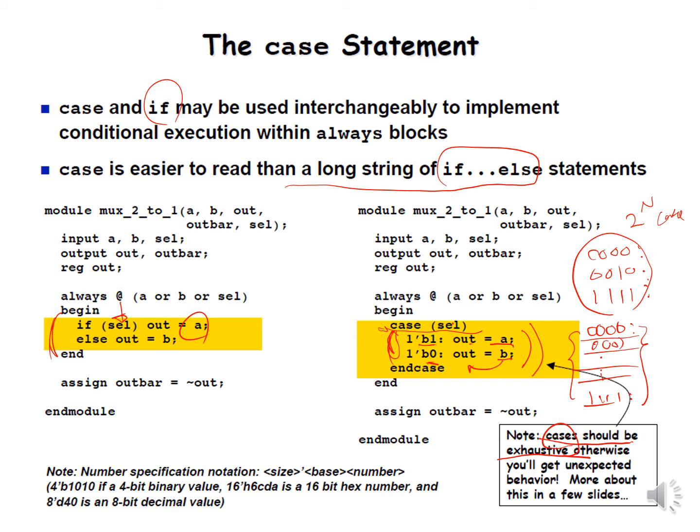Then it will give us more trouble. You have to specify all the cases. For the missing cases, you can use a default case. Anything that doesn't go to any of these categories goes to the default statement. You will see more detail in the next slide.